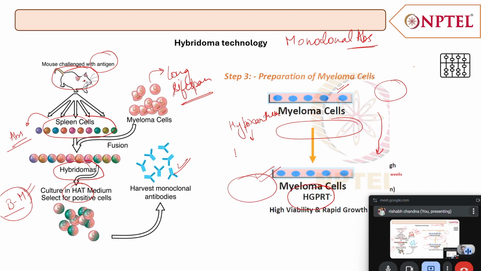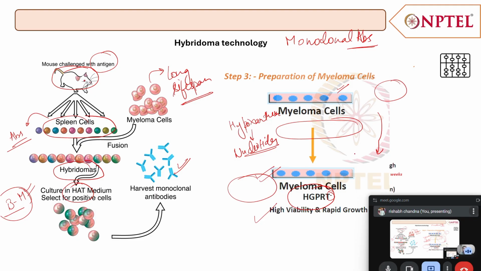So these cells don't have this HGPRT enzyme. That is why they are known as HGPRT negative, and they have high viability and rapid growth.